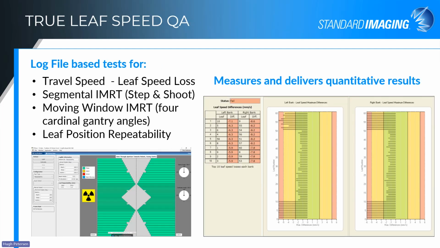As I mentioned, the leaf speed test utilizes the log files. We do travel speed, a segmented IMRT, moving window, and leaf position repeatability. So there's a number of different log file-based tests we can do. And one of the unique things about PIPSpro is that we actually look at every individual leaf. We don't do an overall leaf speed average.